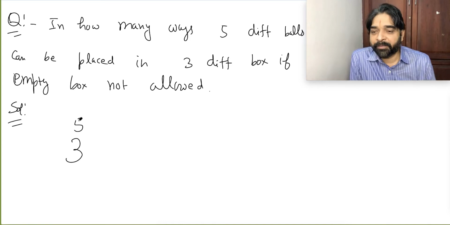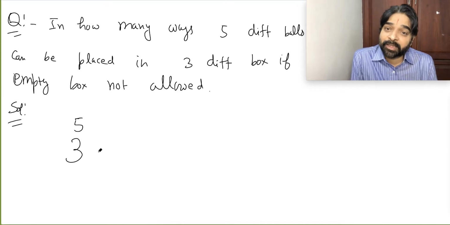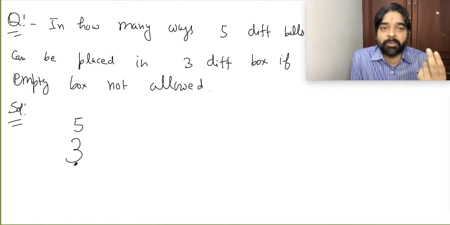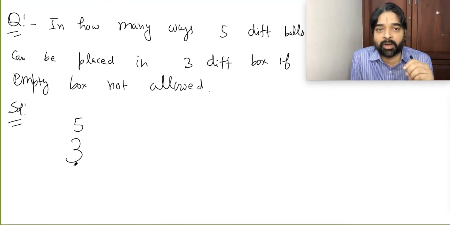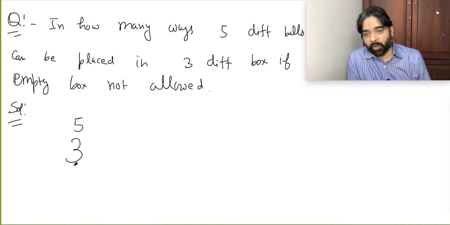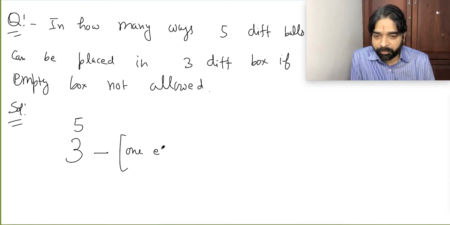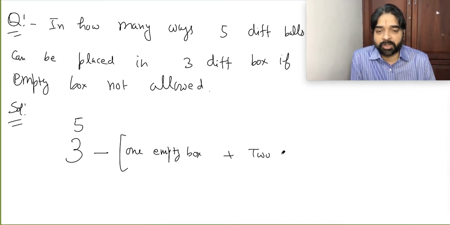In this 3 power 5, that case is also there when there is no empty group, also when there is 1 empty group, and also when there are 2 empty groups. With 3 boxes, a maximum of 2 empty groups can happen; 3 empty groups cannot happen, because the 5 balls must go somewhere. So from here if I can remove the 1 empty group plus 2 empty boxes cases.